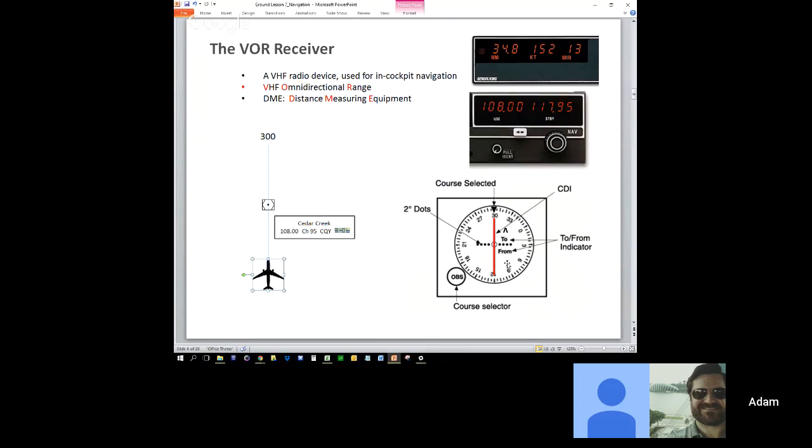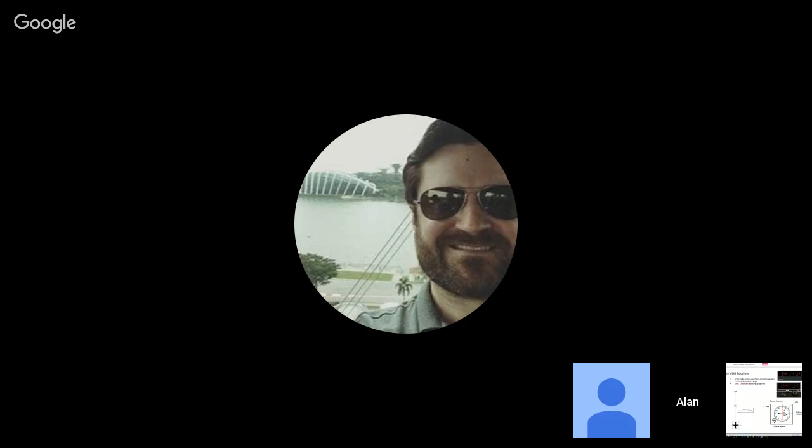If the from flag was on here, like if that V was down here on the from, it would be flying from the 300 radial. Makes sense?